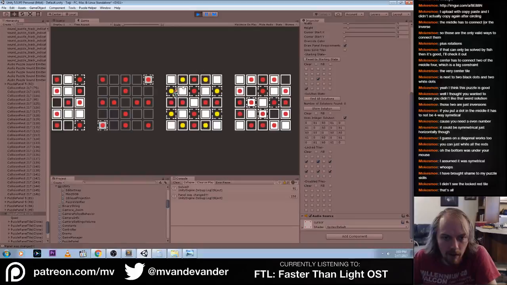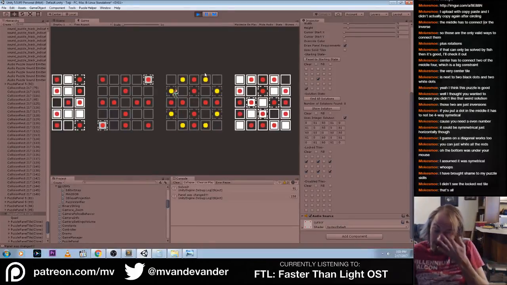So if I keep that locked, then it has to be like this. But it's also 6 locked tiles, and it just feels like a lot of locked tiles.